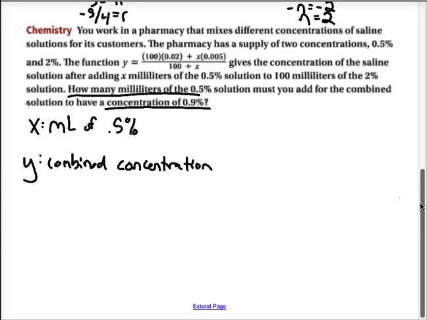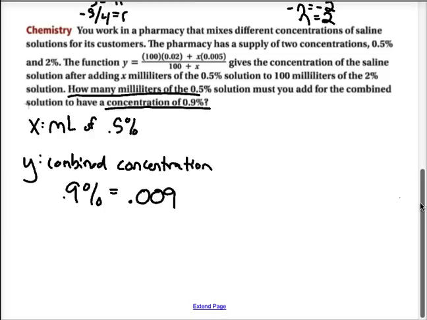So if they're giving us a combined concentration of 0.9%, again, keep in mind, back from chapter 7, we can't use percentages in equations. So we have to turn this into just a normal decimal. So we move the decimal over twice, and that turns into 0.009, all right?